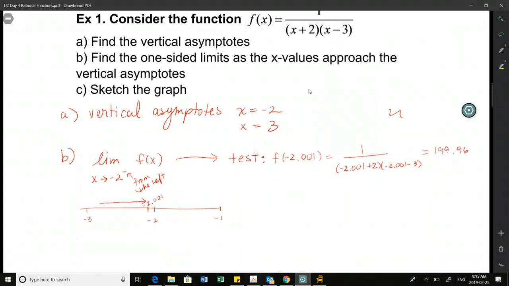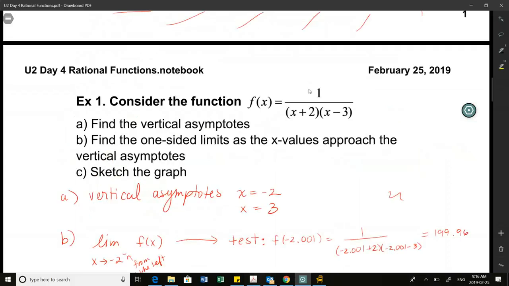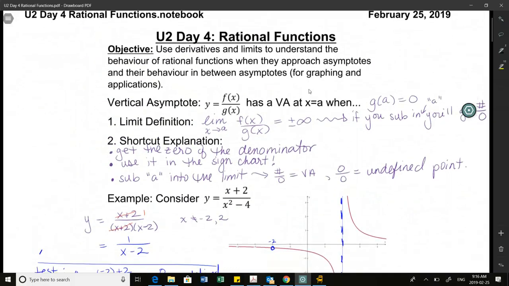If I wanted to, I could have even subbed in -2.5. All I'm again concerned about is whether that's positive or negative. Zainab? So the negative and positive, what does that have to do with it? So whenever we're approaching vertical asymptotes with rational functions, if we look back up at our explanation here, I'm either approaching positive infinity or negative infinity. I'm just trying to figure out which one it is from each side.